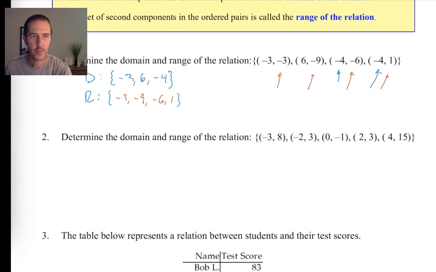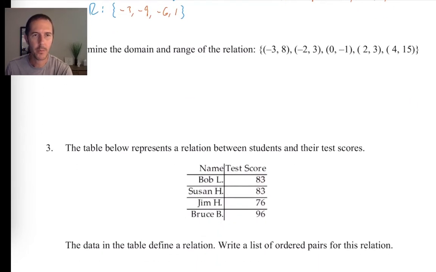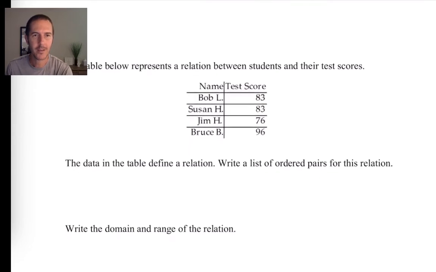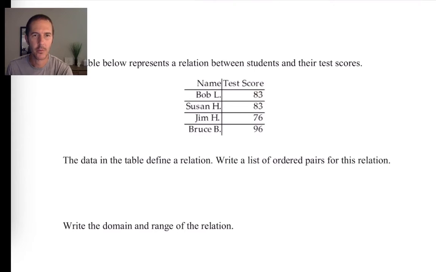Similar process for determining the domain and range in number 2. In number 3, the presentation of the relation is a little bit different. We're seeing this as a table of values, and we'd like to write a list or a set of ordered pairs for this relation.